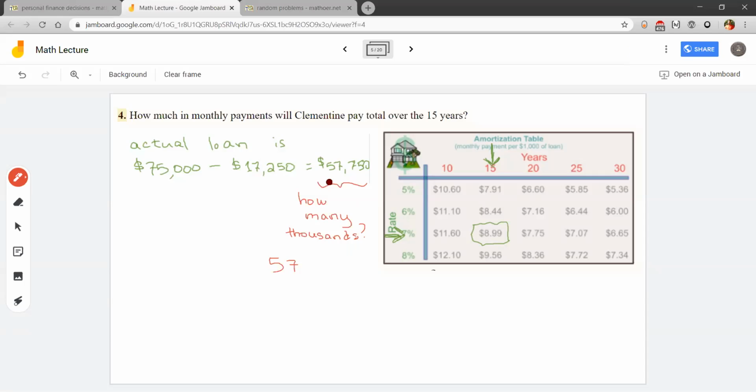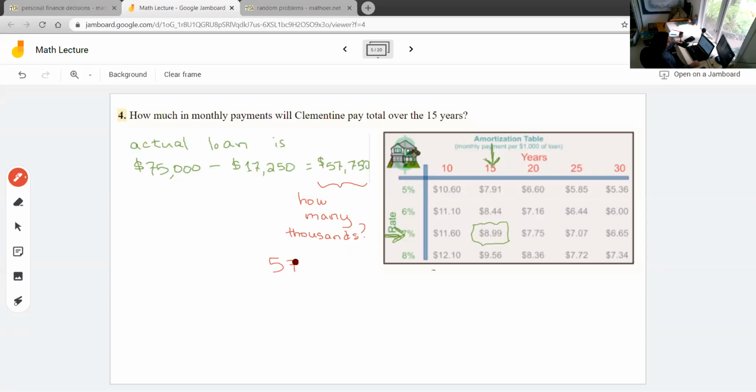Wouldn't it be about 58,000? We could round up to 58, but the bank is not going to round at this point. I'll give you a hint. Okay, now I'll just answer it.